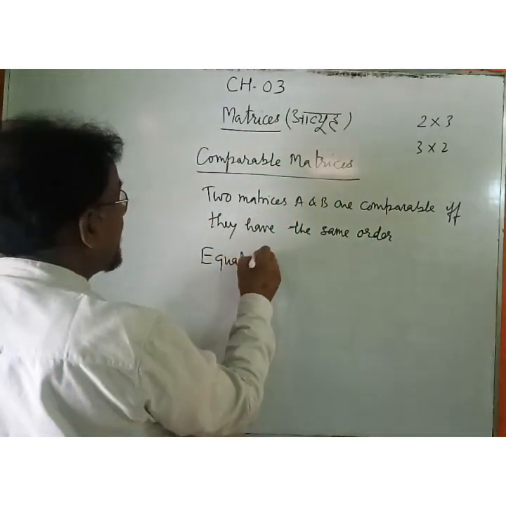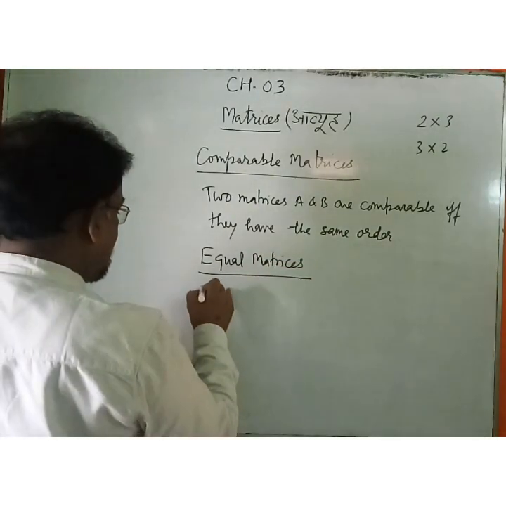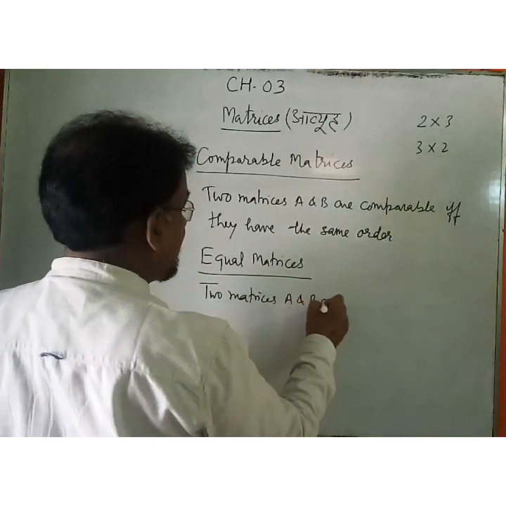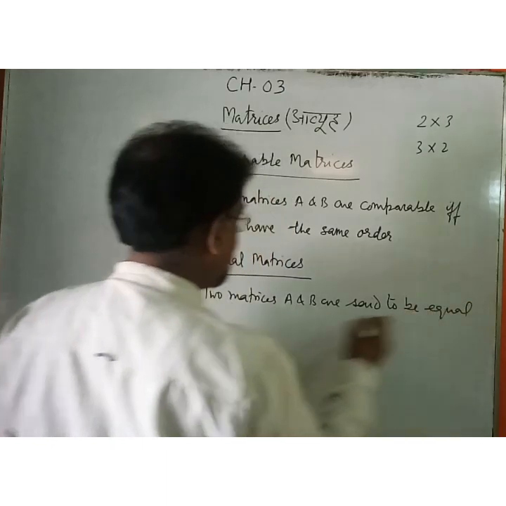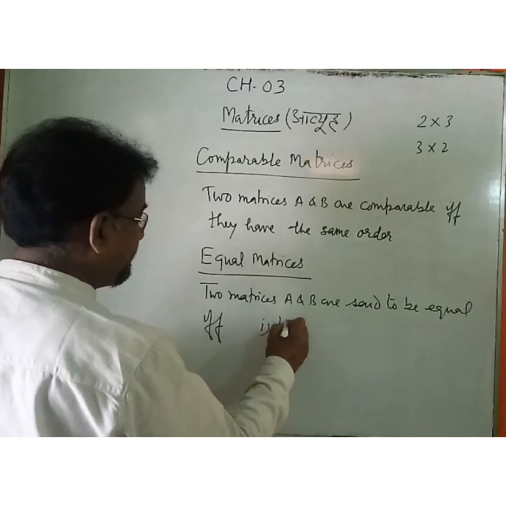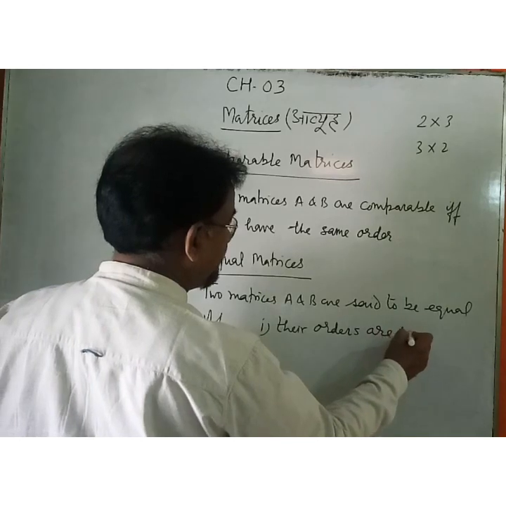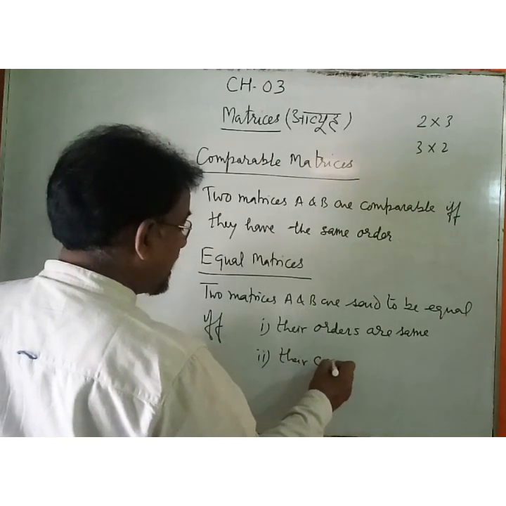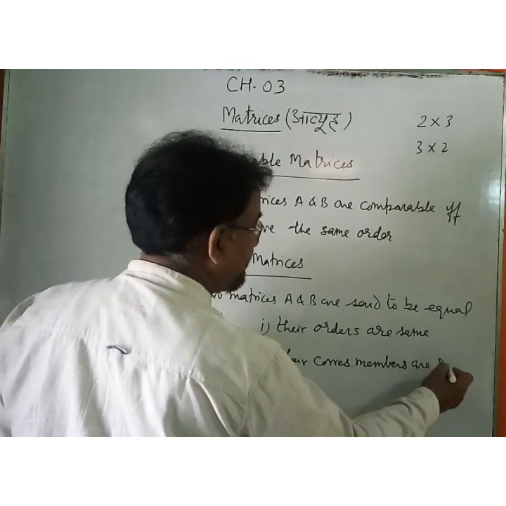Another important point is equal matrices. Two matrices A and B are said to be equal if and only if, number one, their orders are the same, number two, their corresponding members are the same.